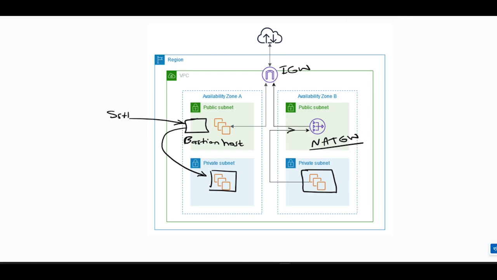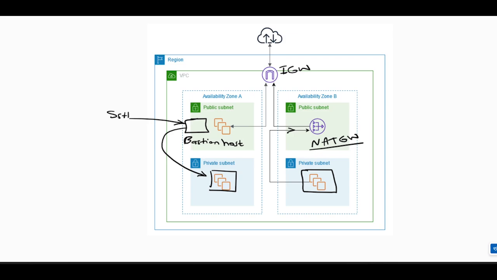I have one internet gateway in my VPC, and whoever likes to have access to the internet from this VPC can redirect their traffic to NAT gateway and then finally to the internet. So I'm going to do something similar to this plan in my AWS environment. Let's get started.